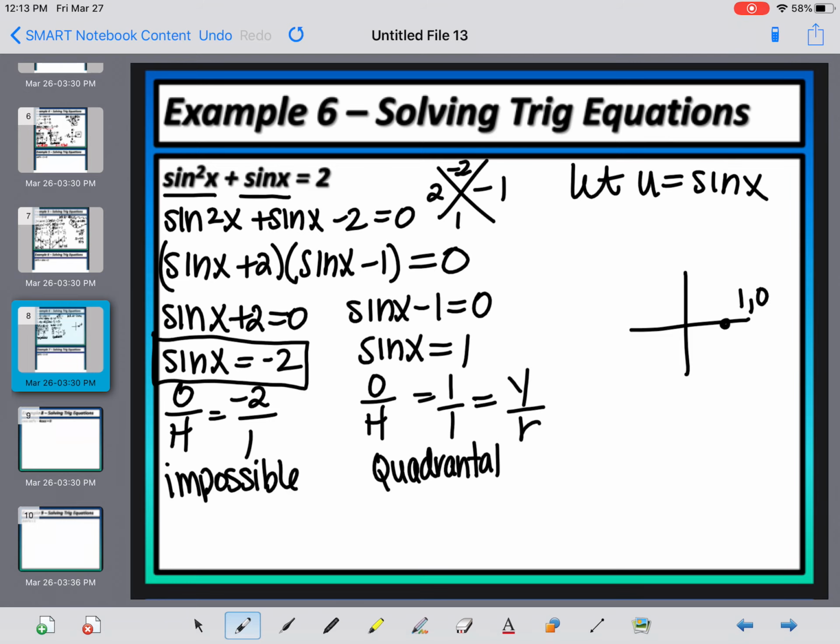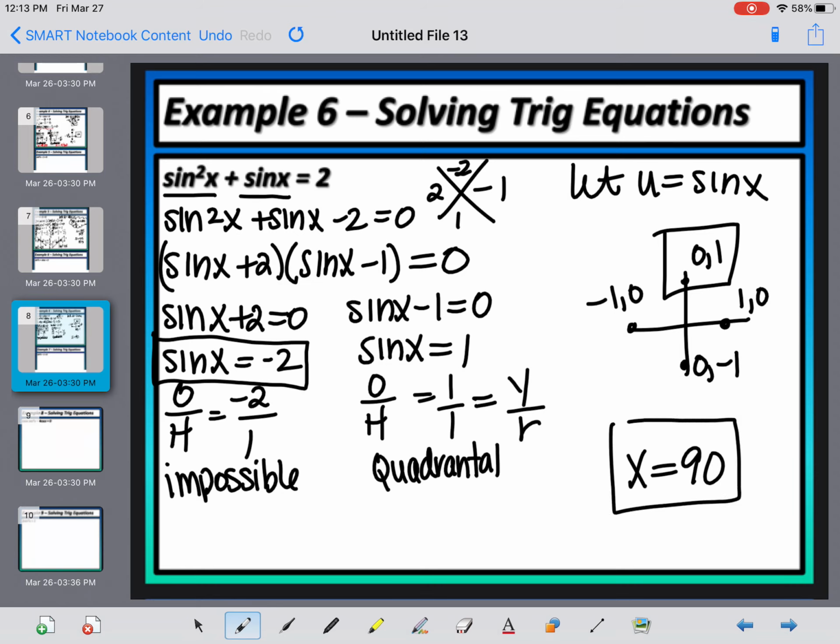So the only unique information here is y equaling 1. So where does y equal 1? That only happens in one place. So x equals 90. So that is the only solution that we have to this problem.